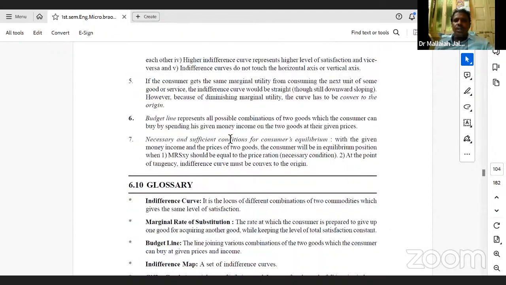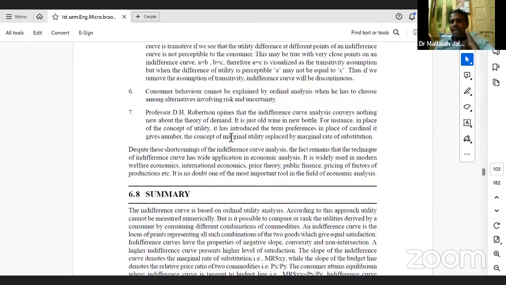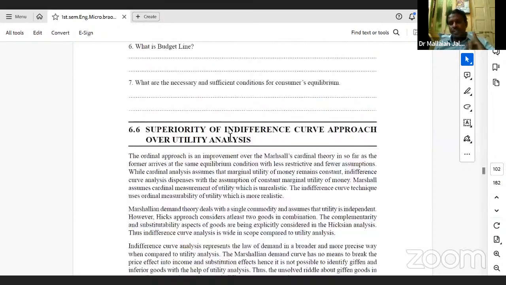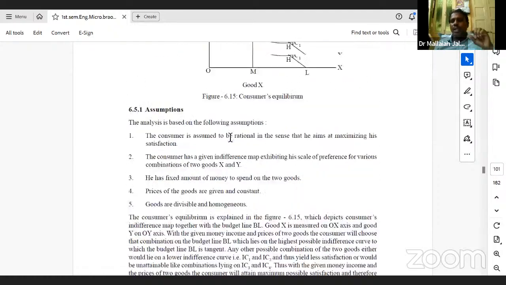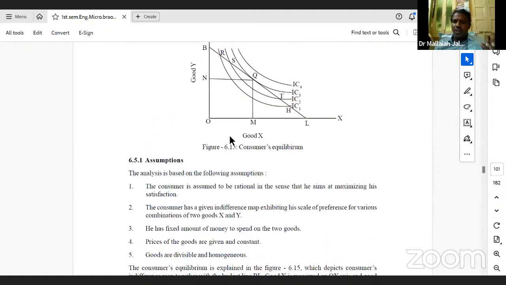So far we discussed what an indifference curve is, what an indifference map is, and what the properties of the indifference curve are: why it is not vertical, why it is not horizontal, why it does not touch the y-axis, and why it does not touch the x-axis. I have explained the different reasons.